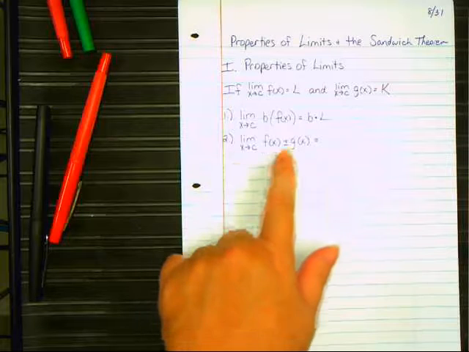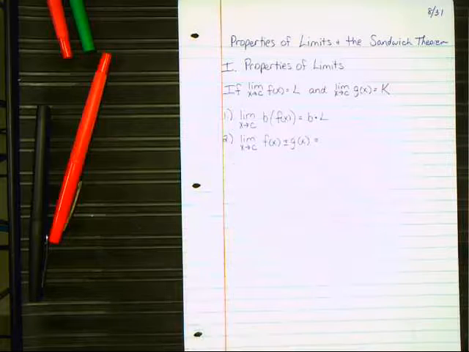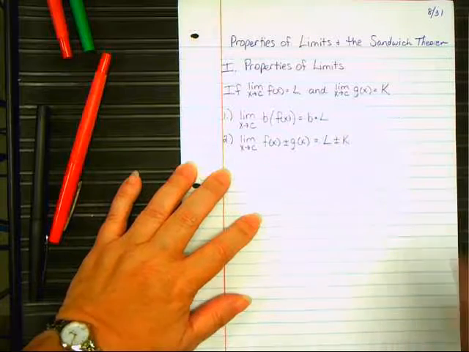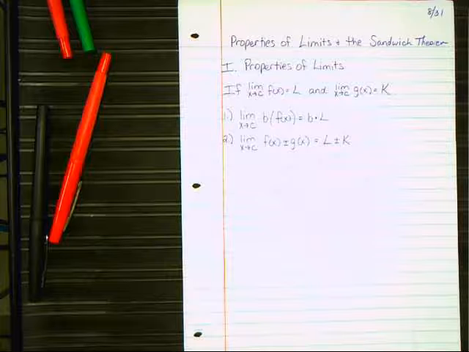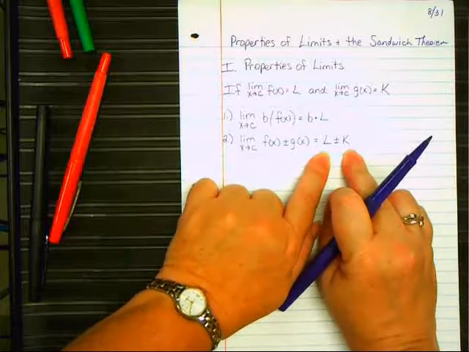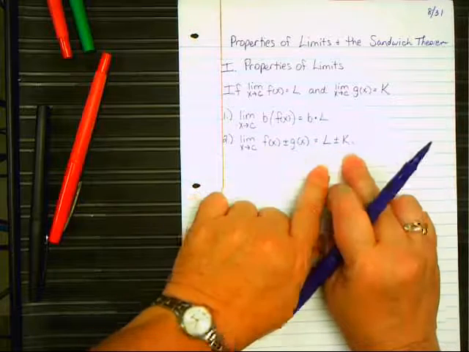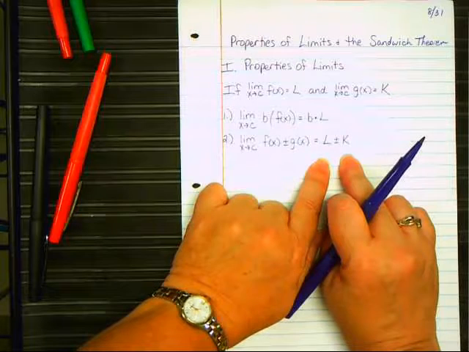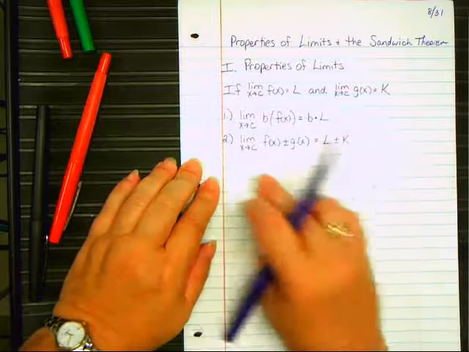So, when you add 2 functions or subtract 2 functions, it equals L plus or minus k. So that tells you that if you add the functions, you add the limits, and if you subtract the functions, you subtract the limits. Does that make sense? Okay? So that's how you read that.